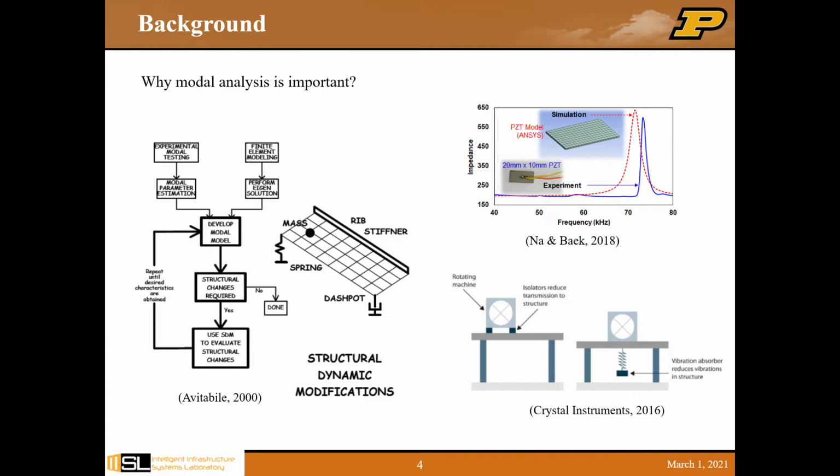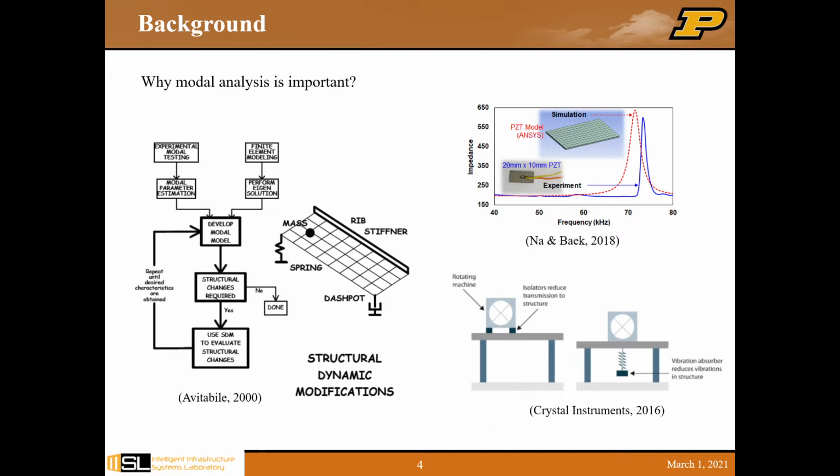So in that case, it can help us to identify the weakness of some specific locations of the dynamic system, and then propose and evaluate the change for improvement. We can also use the modal analysis result to do damage detection, right? For example, impedance-based damage detection is based on the peak value shifting, which is the resonant frequency here, used as an indicator to infer the damage location.